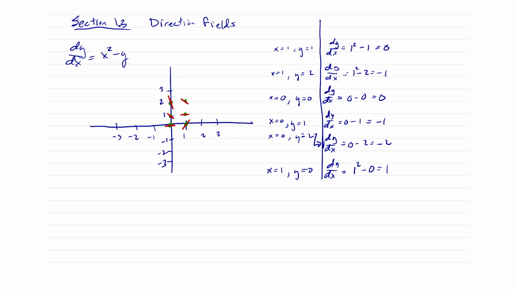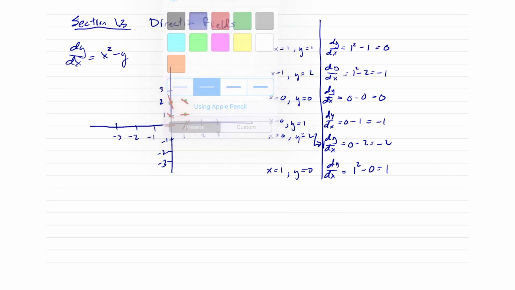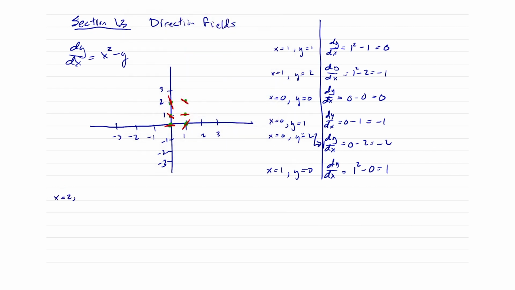Let's just go ahead and do a whole bunch more points. Again, stay consistent. So let's take a look at x equals 2 and y equals 0, x equals 2 and y equals 1, x equals 2 and y equals 2, etc. And after that, we'll stop there.